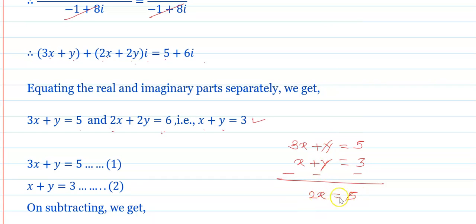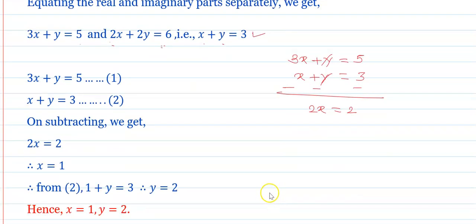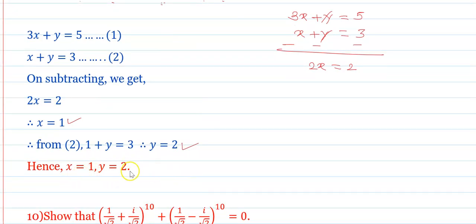Sorry, 2x is equal to 2. Here 2x is equal to 2 and hence x is equal to 2 upon 2, and that's why x is equal to 1. Put x is equal to 1 in this expression, that is 1 plus y is equal to 3 and hence y is equal to 2. Therefore x is 1 and y is 2.